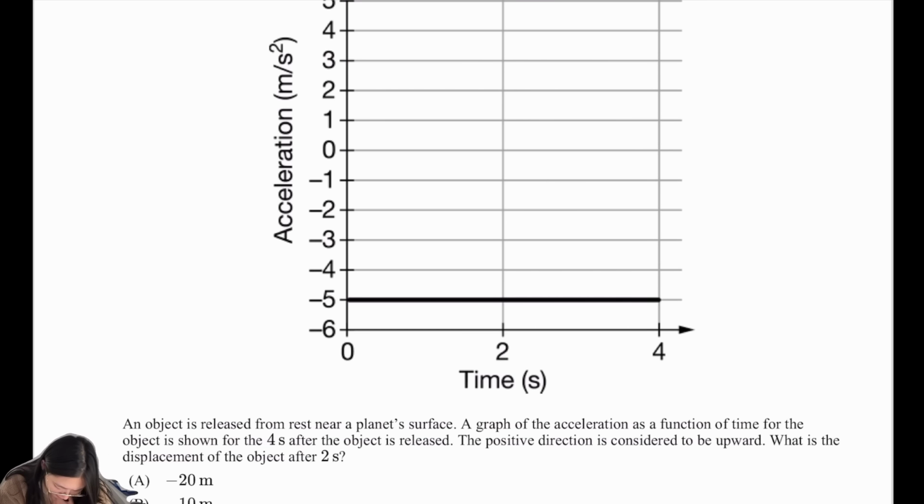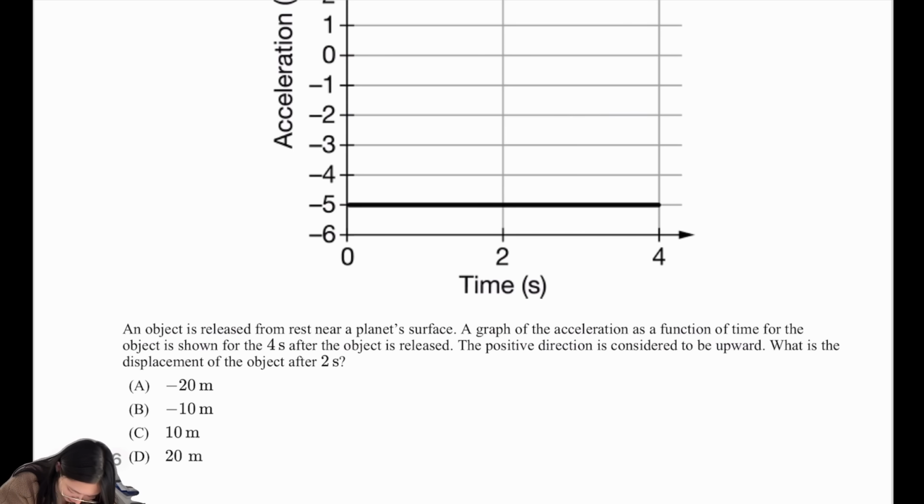Okay, so since acceleration is a constant value, negative 5 meters per second squared, and the time is equal to 2 seconds.